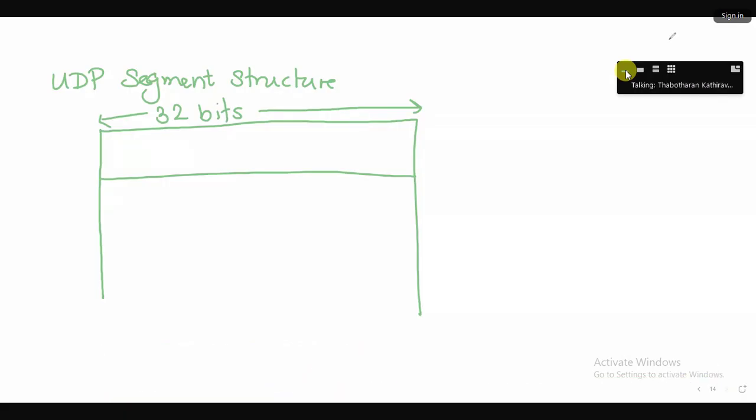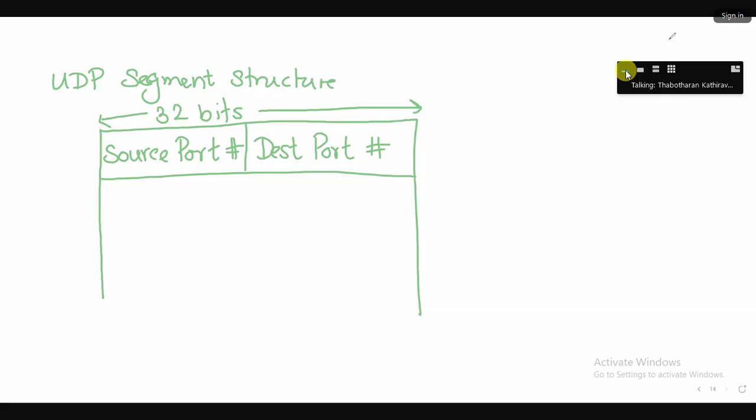So 32 bits, and 16 bits are used, exactly in the middle, for the source port number, and 16 more bits for the destination port number. These are the two important things. Of course the source IP address and destination IP address are there, but that will be included by the network layer.